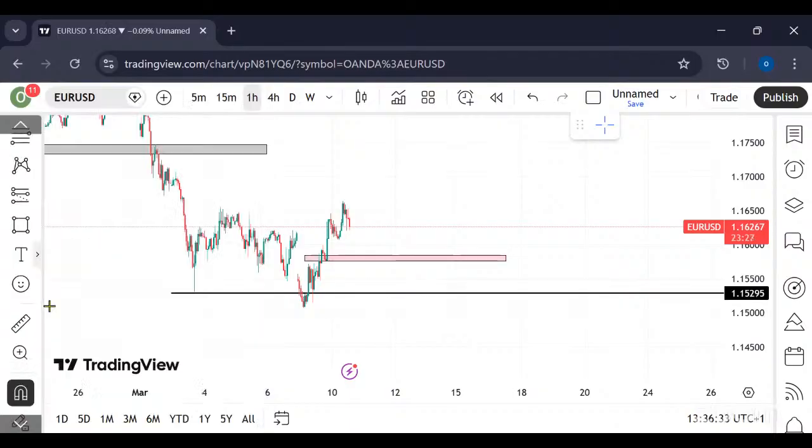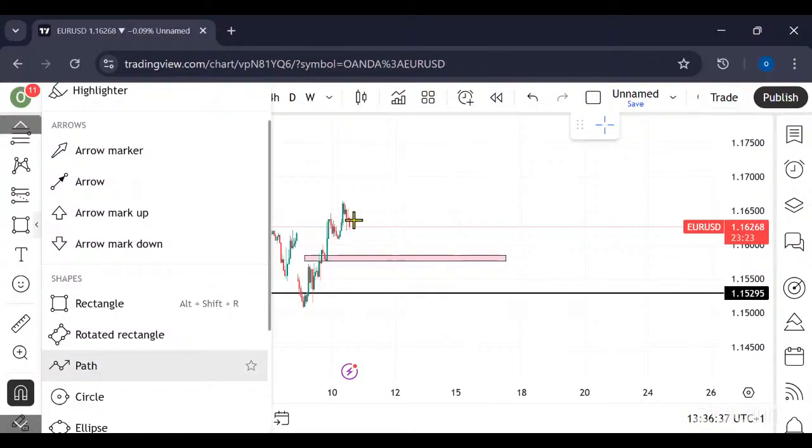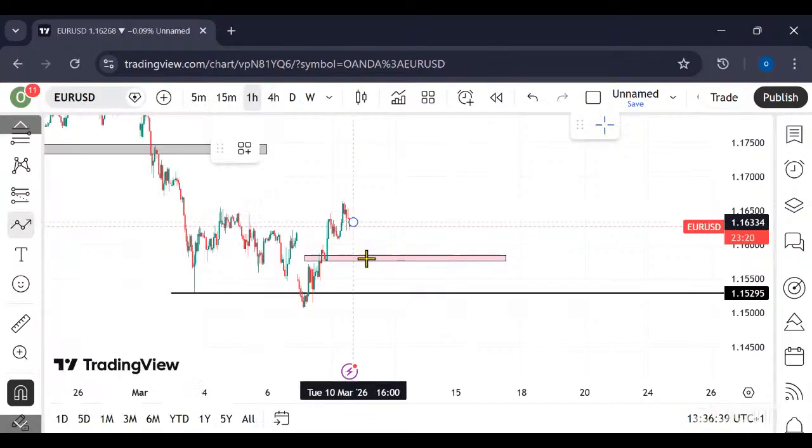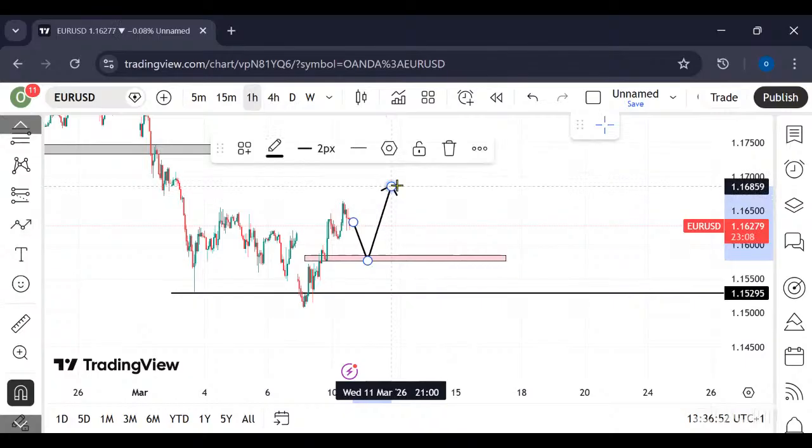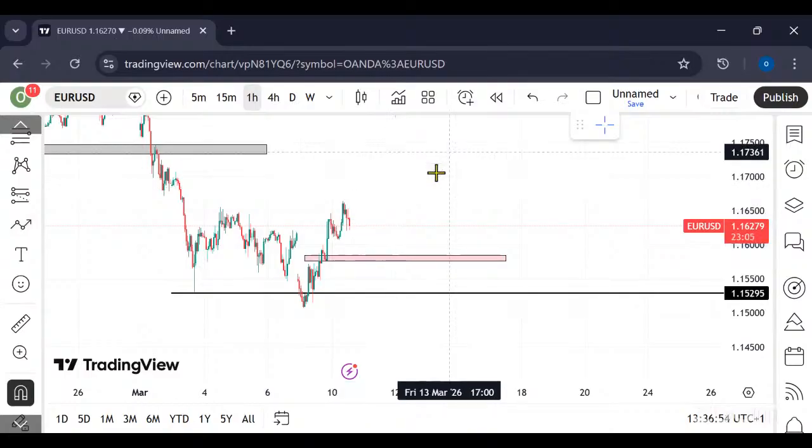I'm waiting for Euro USD to drop down to my demand zone, which is this area. Once the market drops down to this my demand zone, I'm going to buy, probably like here. My take profit is going to be up here.